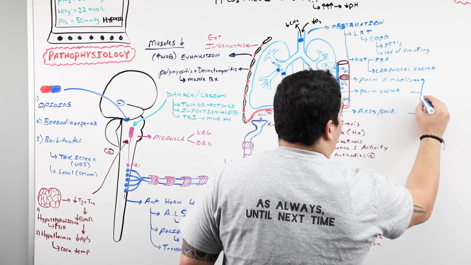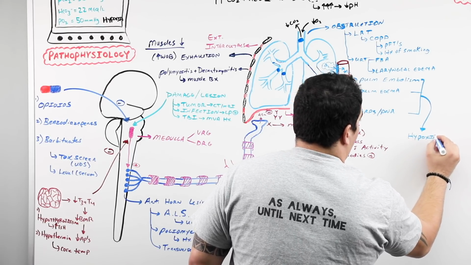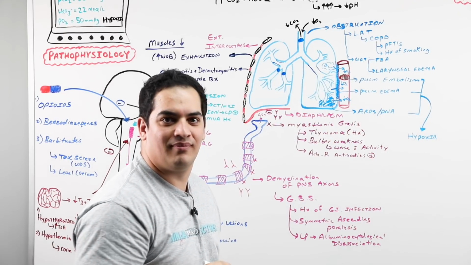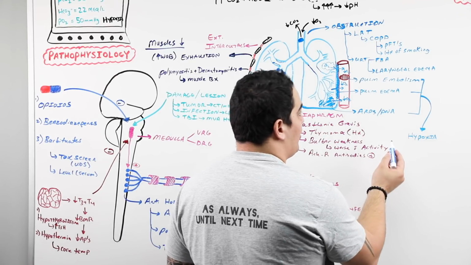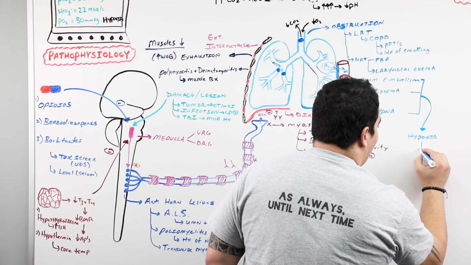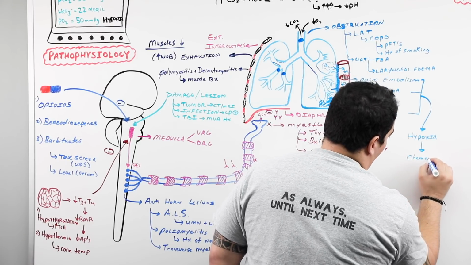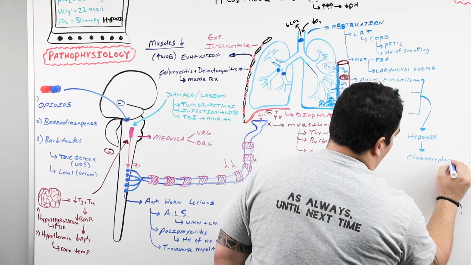That less oxygen getting into the bloodstream leads to what? Hypoxia. That hypoxia does what? Over time, you're going to want to try to do what? If you have less oxygen, you're going to want to try to breathe faster. So what that does is it activates what's called chemoreceptors, right? There's different types of chemoreceptors, central and peripheral.